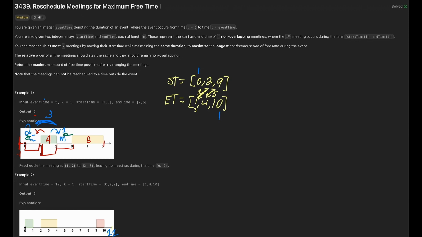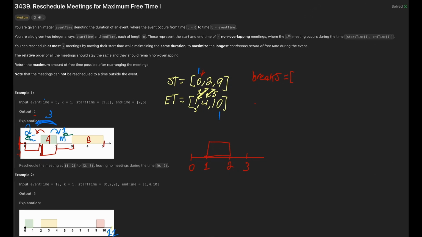So the way that we're going to handle that is the start time is as simple as the 0th index of start time, right? So in our array, if we have our array of breaks here, and then keeping with the example we were just working on, that 0th index is going to just be the 0th element of starting time. Because if you could imagine, if we had a meeting that started at 1 instead of 0, the break would begin here, right?